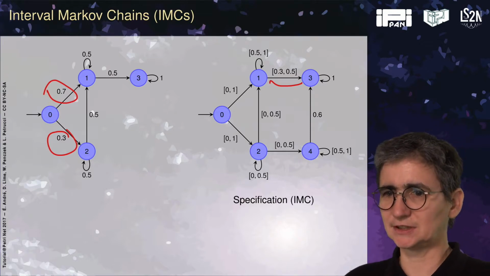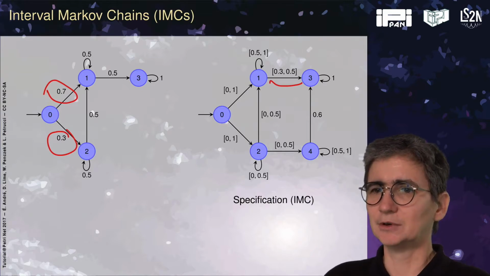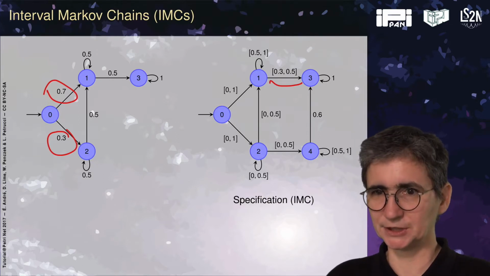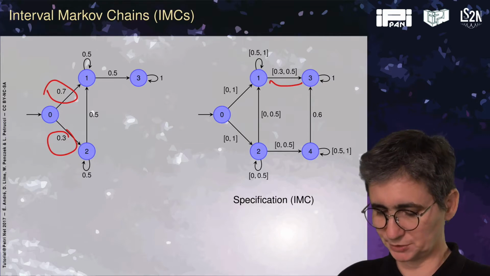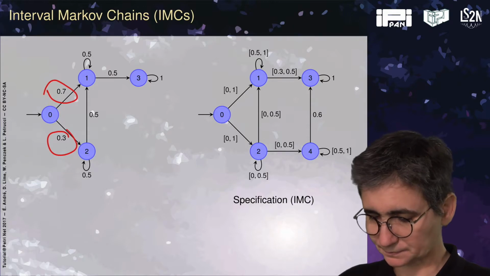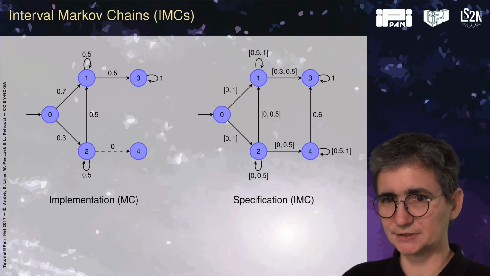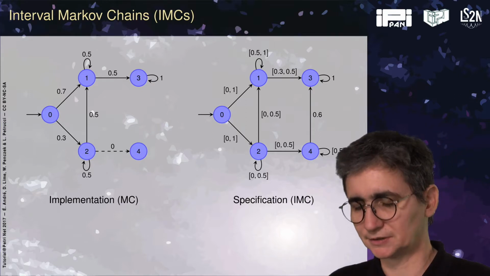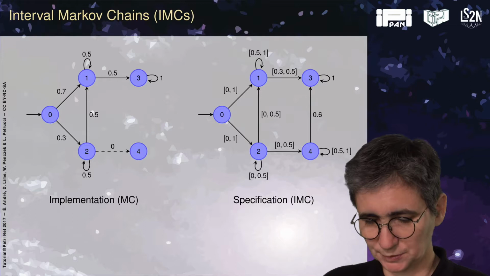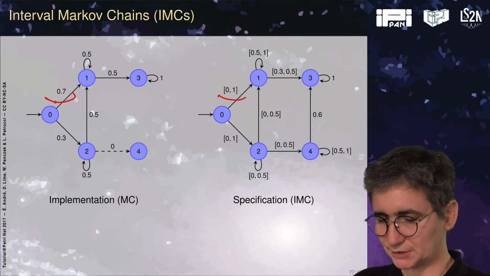You can see that this interval Markov chain on the right hand side of the slide is a specification which allows for the original Markov chain to be an implementation. And this is actually the case, as you can see there. There is a similar structure. In fact, you can see that the probabilities are included in the intervals for all probabilities.